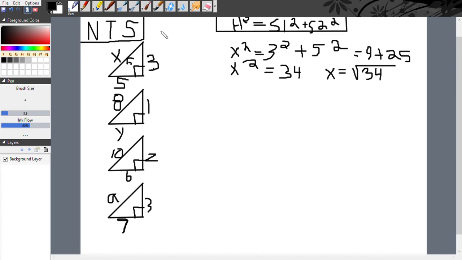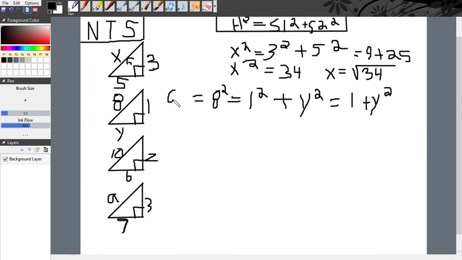So to solve for y, we can use the formula again. This is one of the sides that is not the hypotenuse. So 8 squared, which is the hypotenuse, is equal to 1 squared plus y squared. 1 squared is 1, plus y squared, and 8 squared is equal to 64.